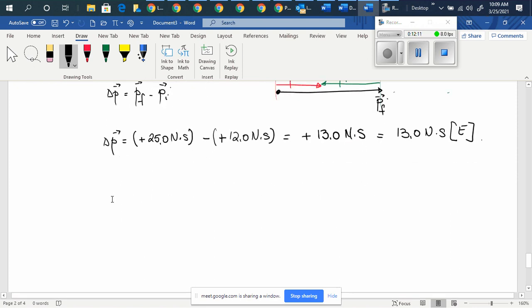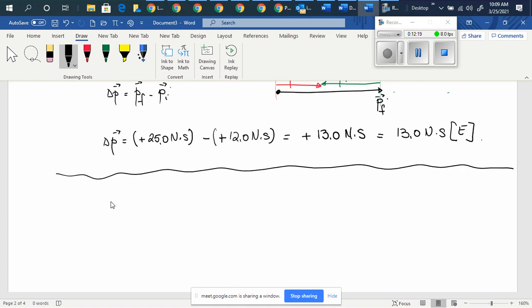Now let's see a situation when we have 2D vectors that we are adding, and we will do it graphically and then mathematically.